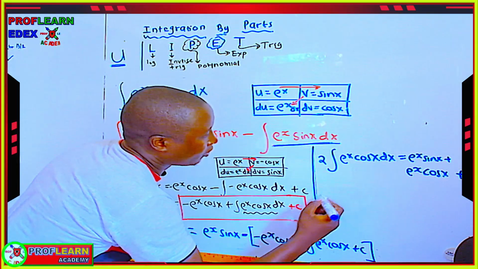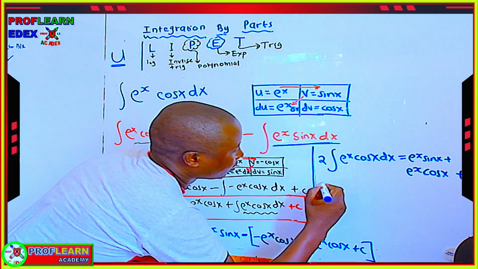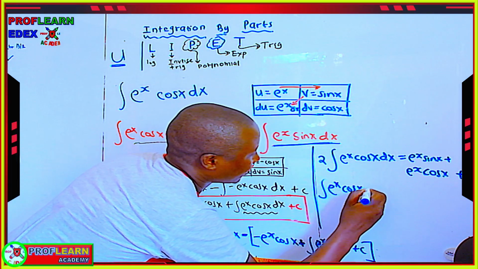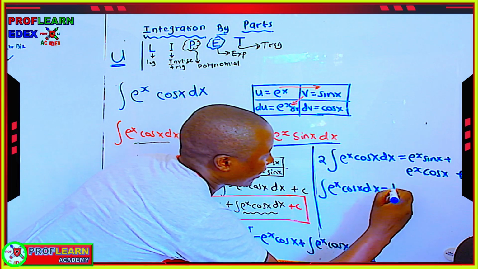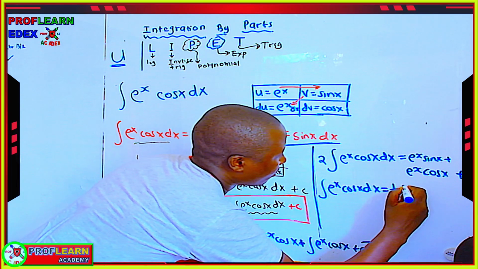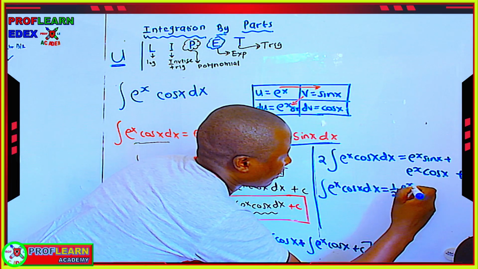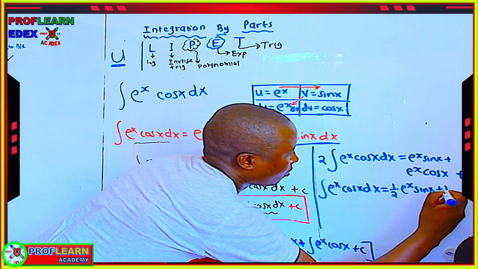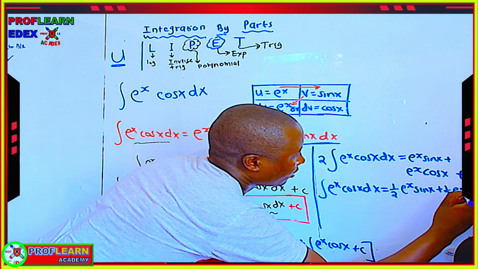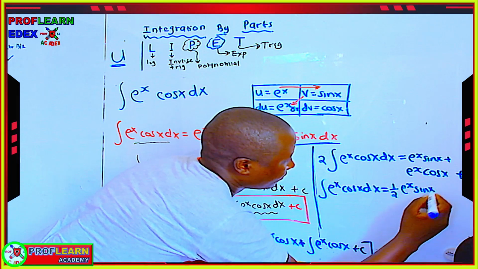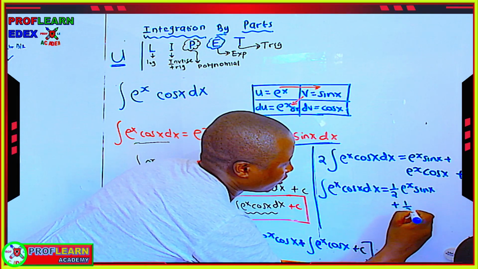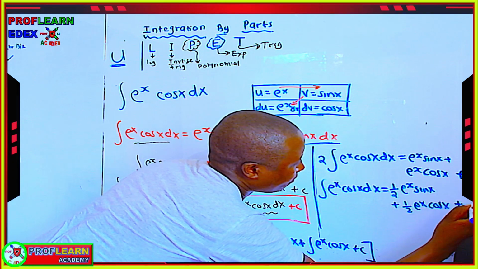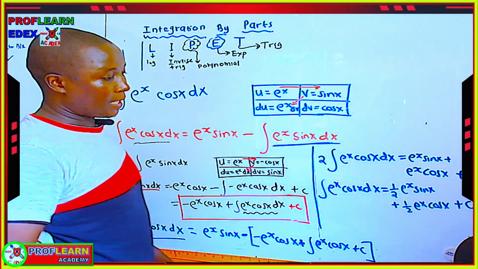And of course, finally, we can say this integral of e^x cos x dx is equal to 1 over 2 e^x sin x plus 1 over 2 e^x cos x, then plus c.